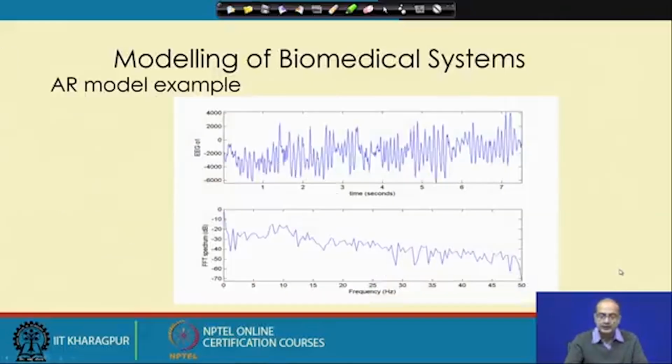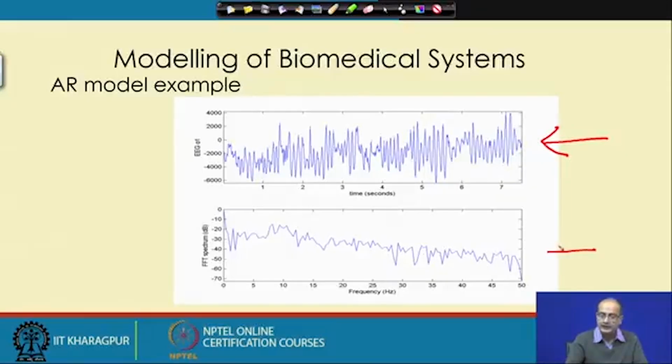Here, we first see an example of the difference we get when we take the FFT directly, that is the periodogram technique, or go for the AR model to compute the spectra. At the top, we are showing the signal at hand, an EEG of channel O1.